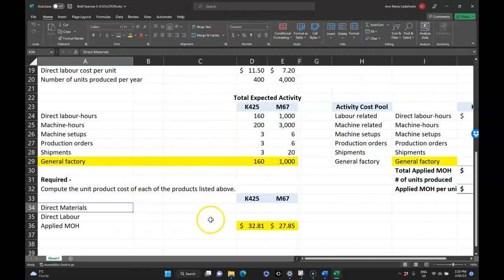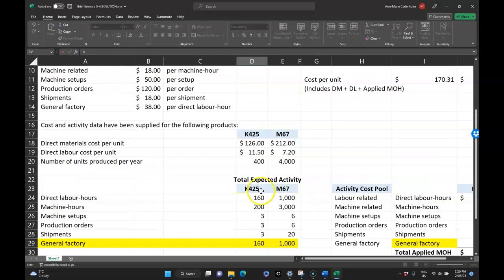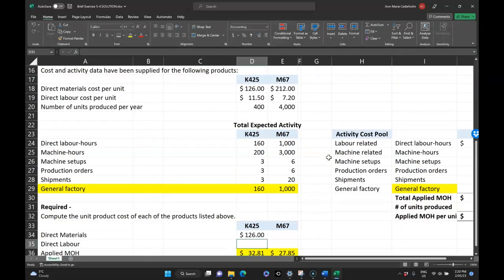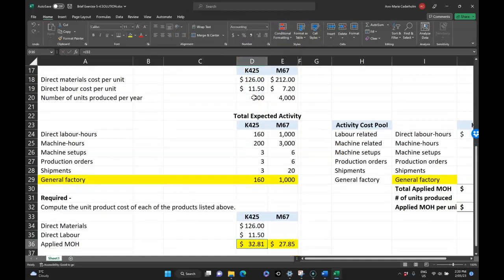And in the question, they told me what the direct materials were. So for K425, the direct materials were 126, and the direct labor was 1150. For M67, the direct materials was 212 and the direct labor was 720.